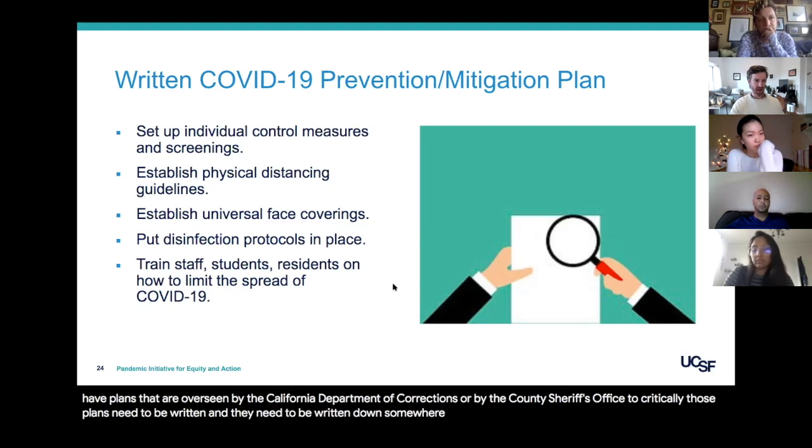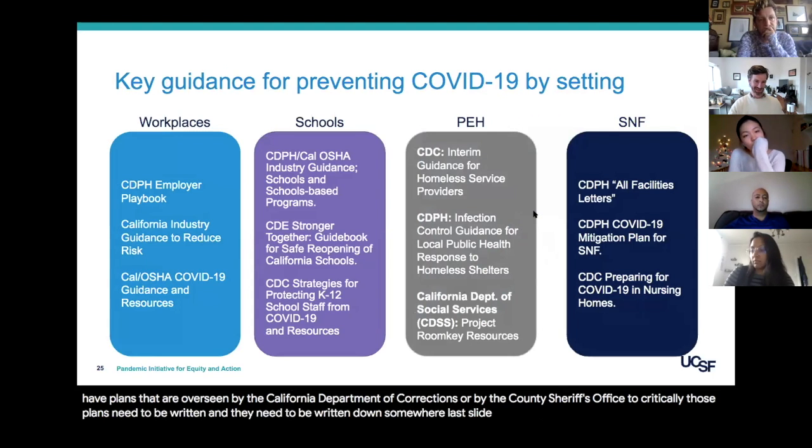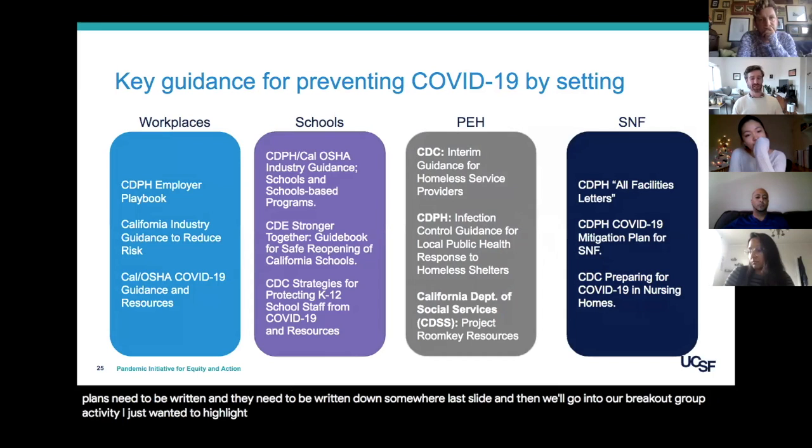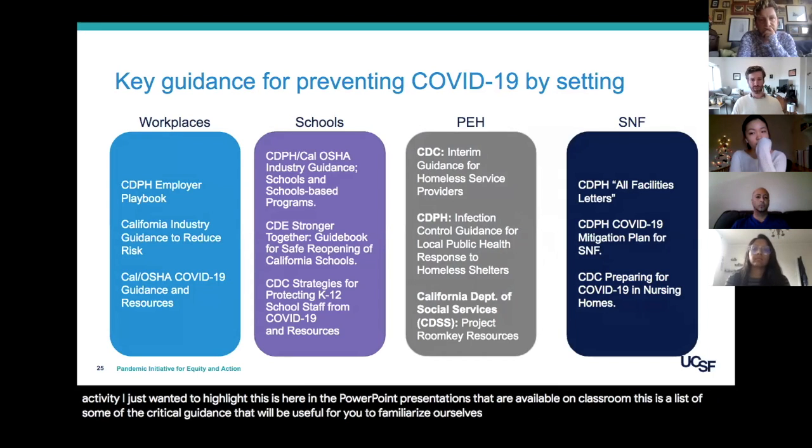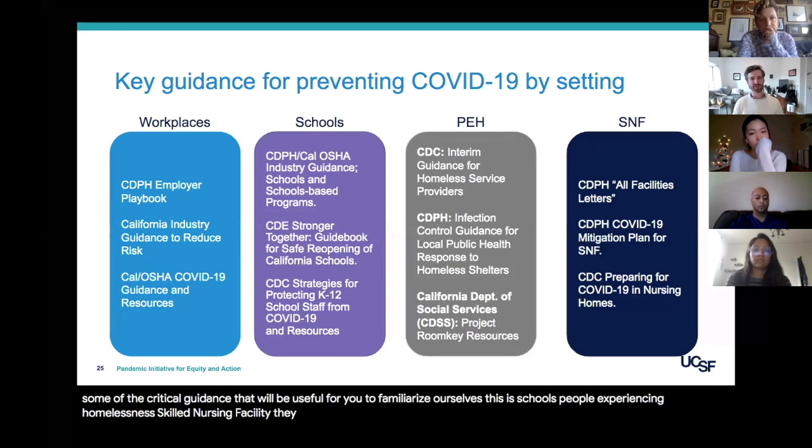Okay, last slide, and then we'll go into our breakout group activity. I just wanted to highlight this here in the PowerPoint presentations that are available on Google Classroom. This is a list of some of the critical guidance that will be useful for you to familiarize yourself with, and that's what this presentation has been based on. Workplaces, schools, people experiencing homelessness, skilled nursing facilities, they all have specific guidance from the California Department of Public Health, from CDC, and from other groups.